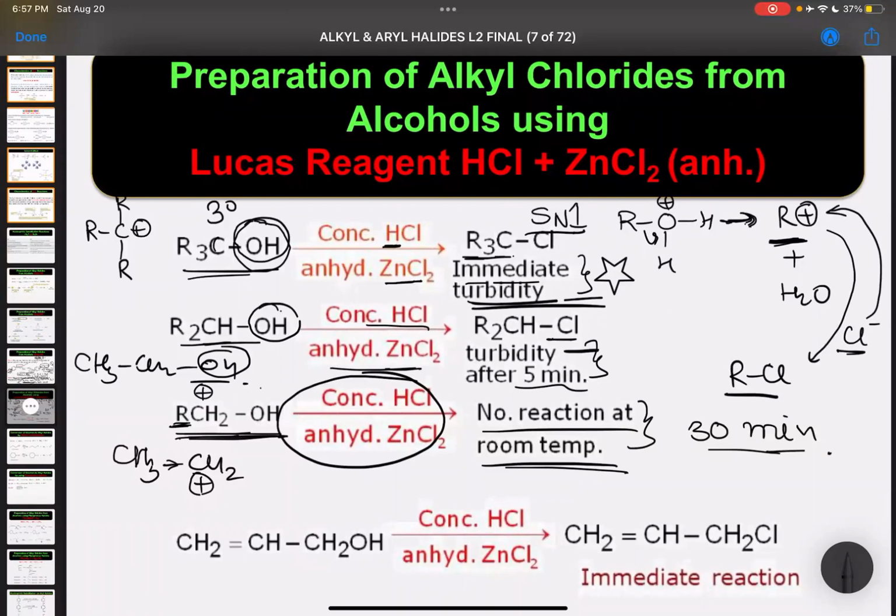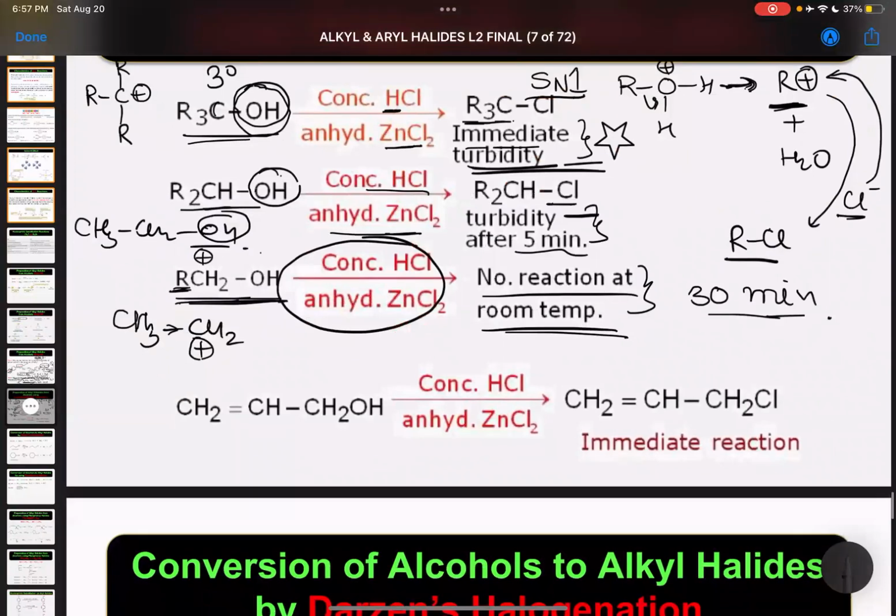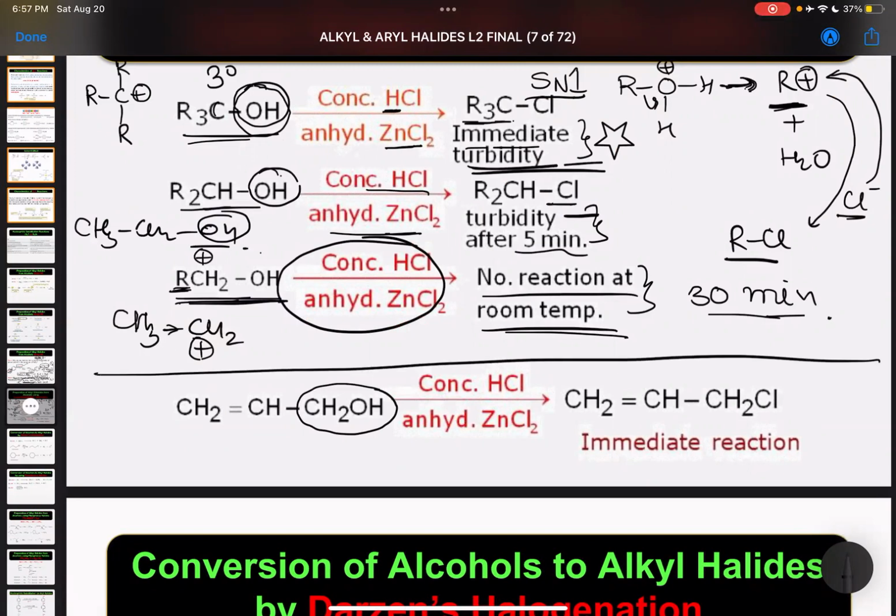Tell me. So we can use Lucas and check the turbidity, and then we can identify if it is tertiary or secondary. Yeah, exactly.